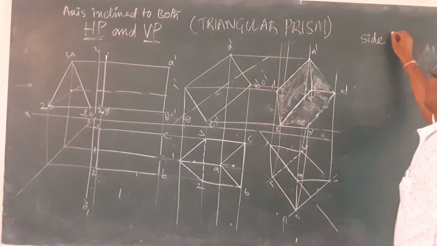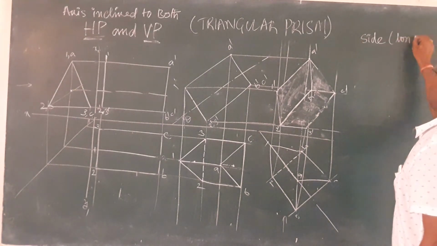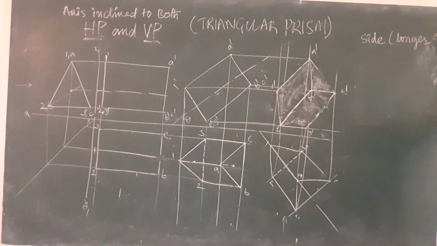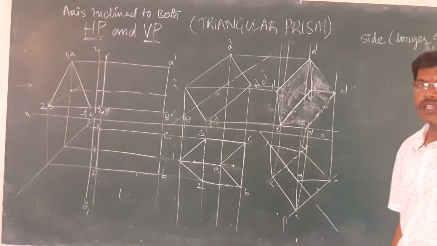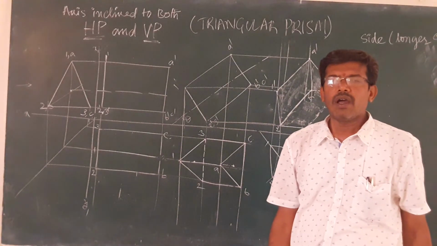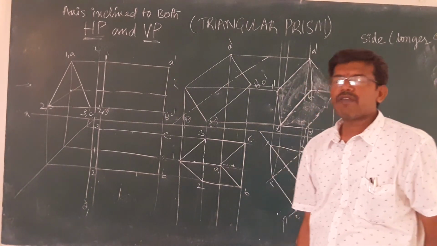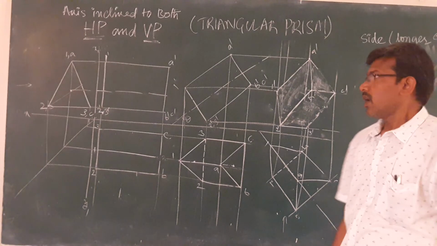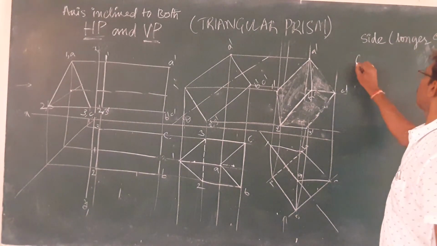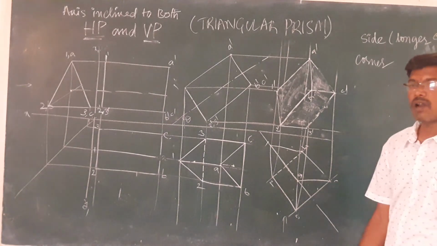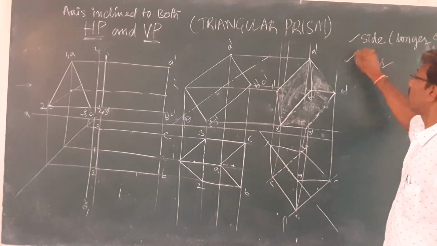Okay, that may be longer side or shorter side. So longer and shorter will be in case of rectangular prism, and that is what we can say square prism. Okay, and for pentagonal and everything it is the same. And one is the corner problem. Okay, corner problem. These two are the concepts.